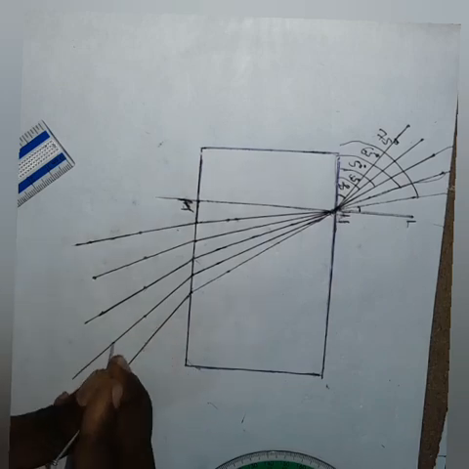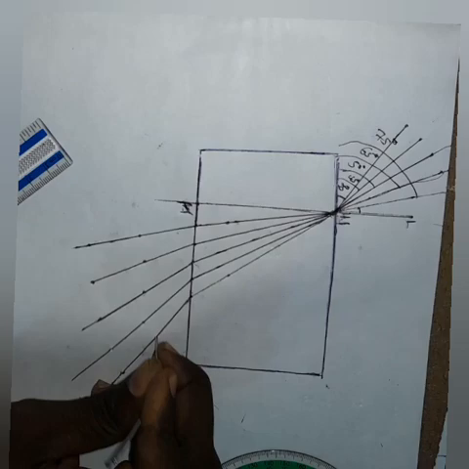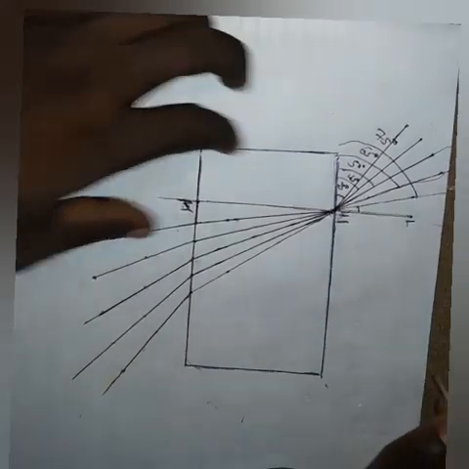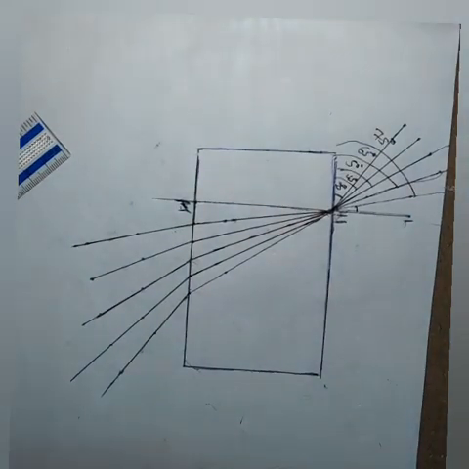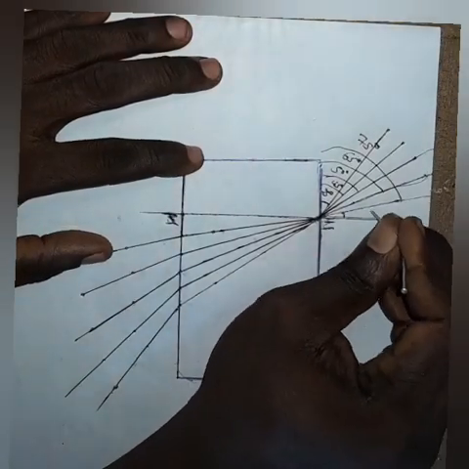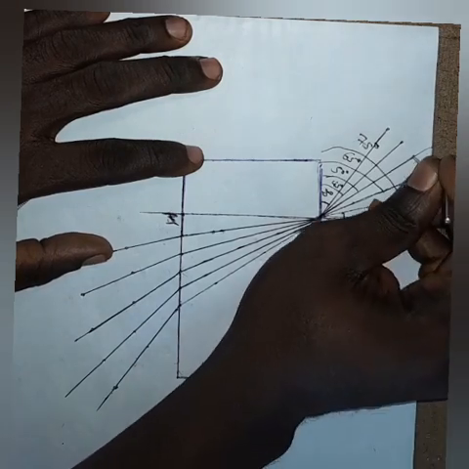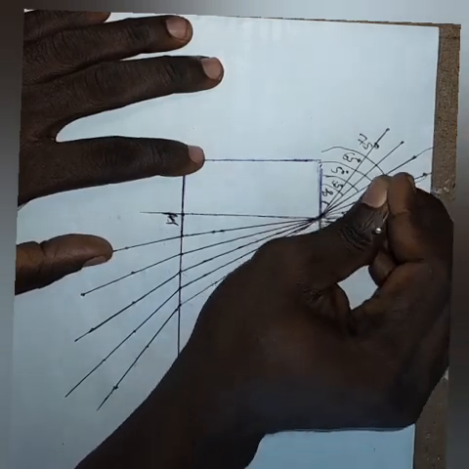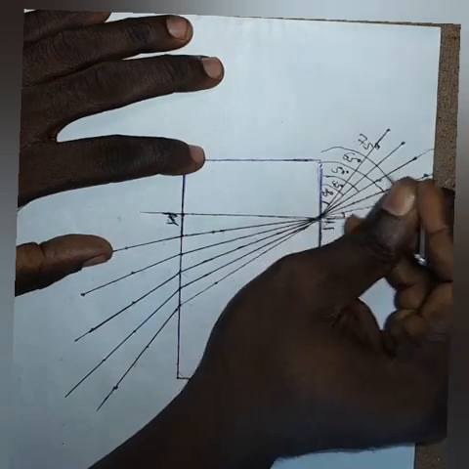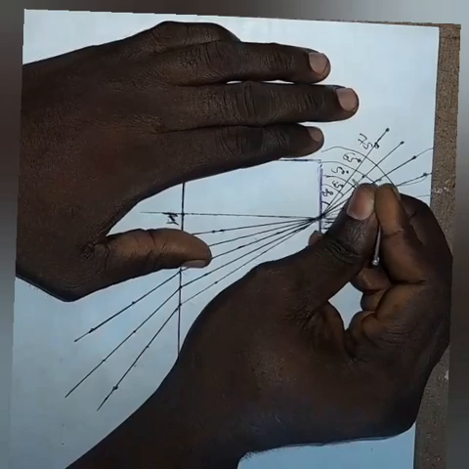Okay, so I'll go to this other side. I'll place pins like this, on the points that I've marked out. Put another one here and put another one here.